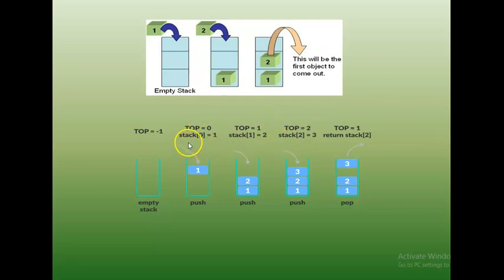So we can say in general stack of top equal to some value. So always we will be placing values into which index? The top index. So we will be assigning values to stack of top, where stack is the name of the array and top is the value of the index. At that point, we will be adding the new value.